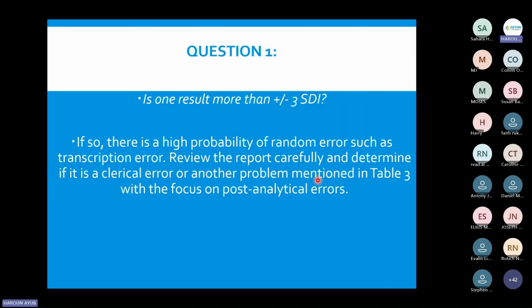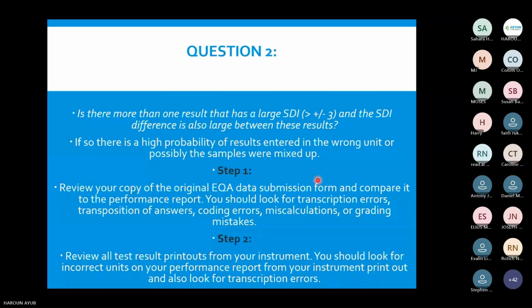Review the report carefully and determine if there is a clerical error or a problem mentioned in table 3, with a focus on post-analytical errors. If more than one result is greater than 3 SDs and the SDI difference is also large, there is a high probability that results were entered using the wrong unit or were mixed up. Review your copy of the original EQA data submission form.